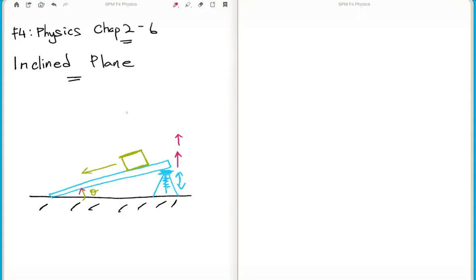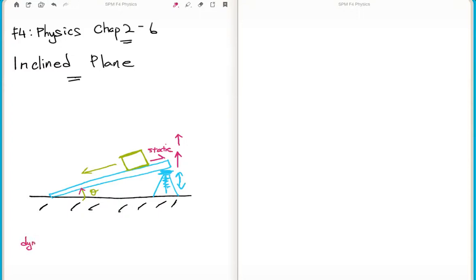The one that stops it from moving, the initial one, is called static friction. When it is static, it's not moving. When it starts to move, then it is called dynamic friction.